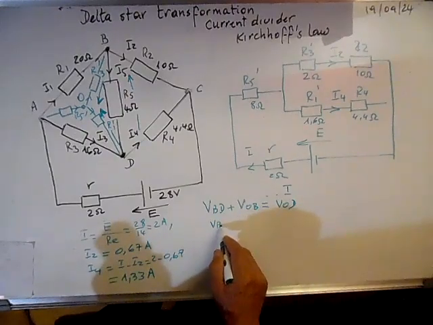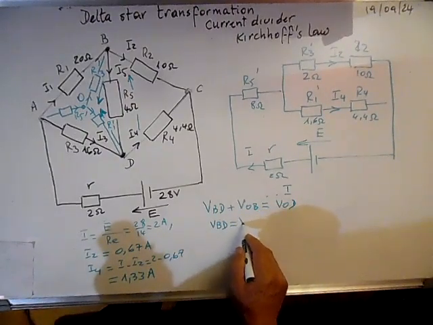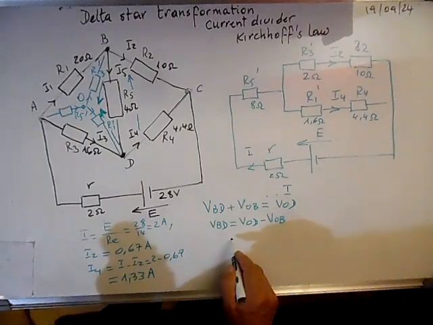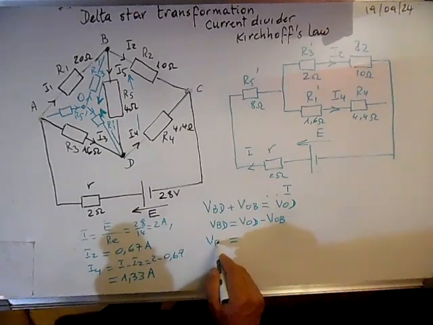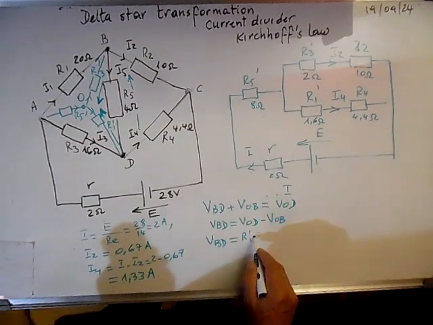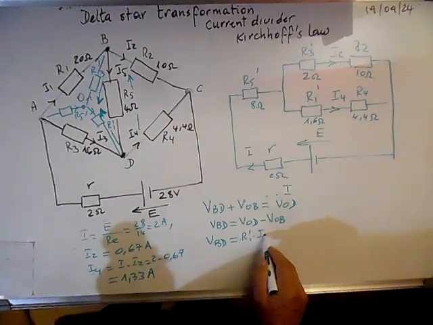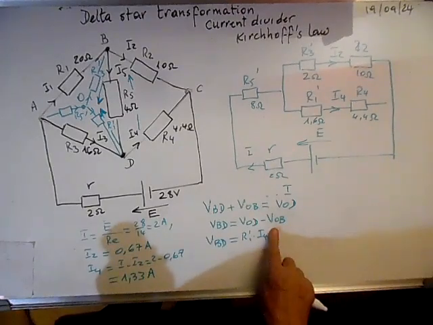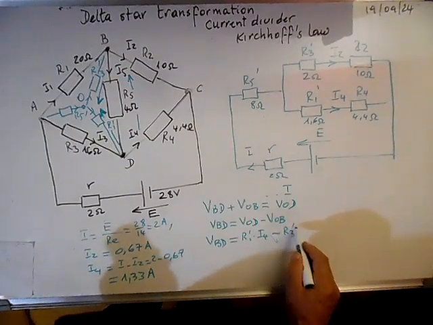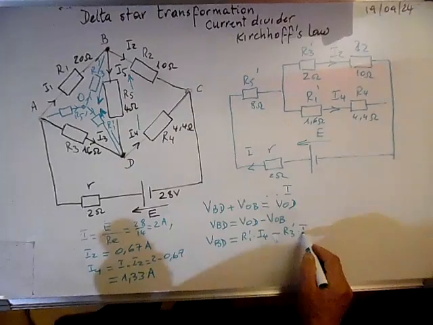So VBD will be equal to VOD minus VOB. So it means that VBD is equal to VOD, it's R1 prime times I4, minus VOB. VOB, it's R3 prime times I2.